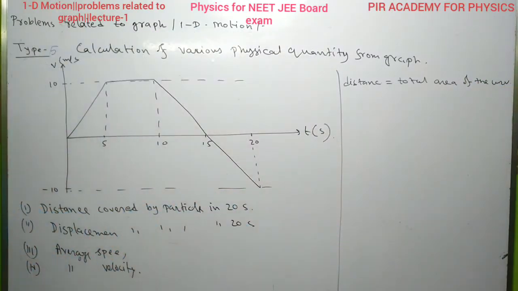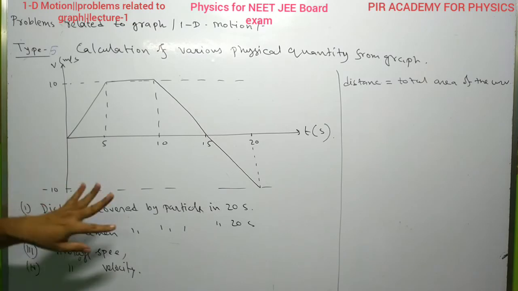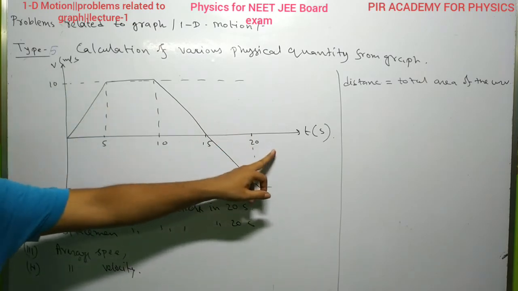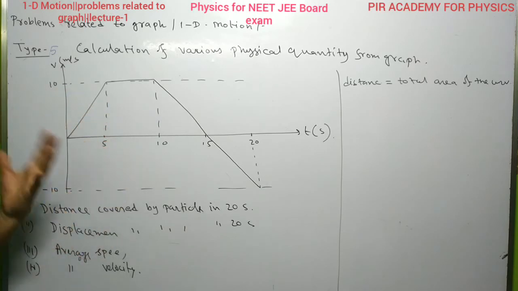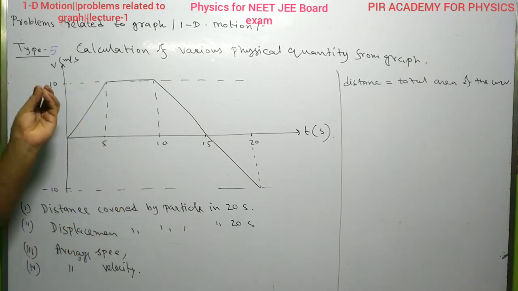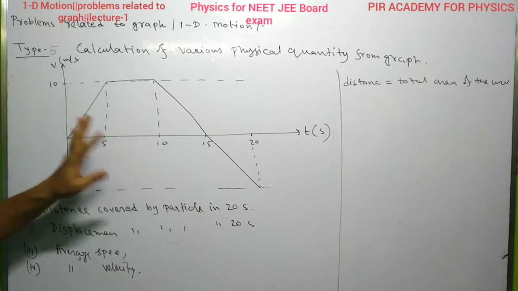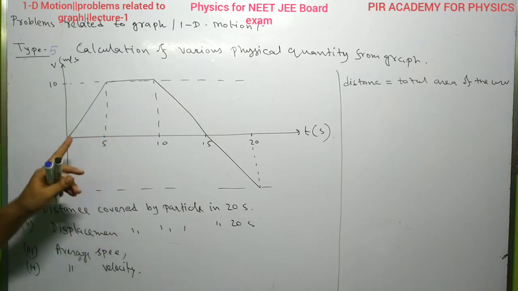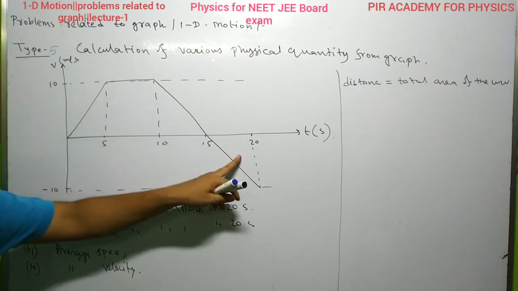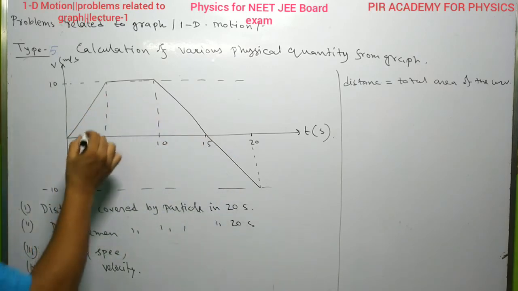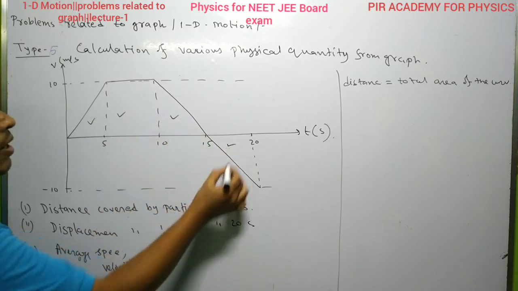In a velocity time graph, the area of the velocity time graph gives the distance. So if you have to calculate distance, then you have to calculate the area of this portion, this portion, this portion, and this portion.